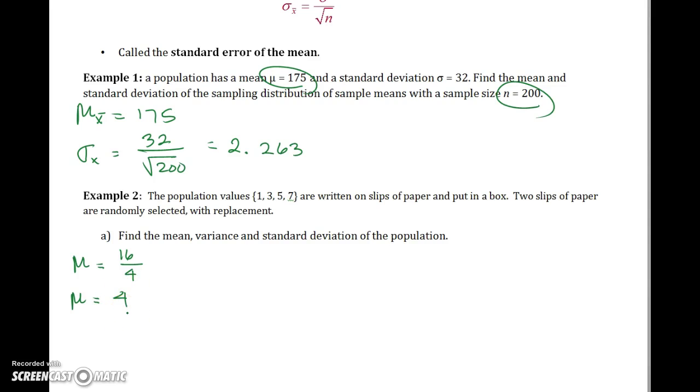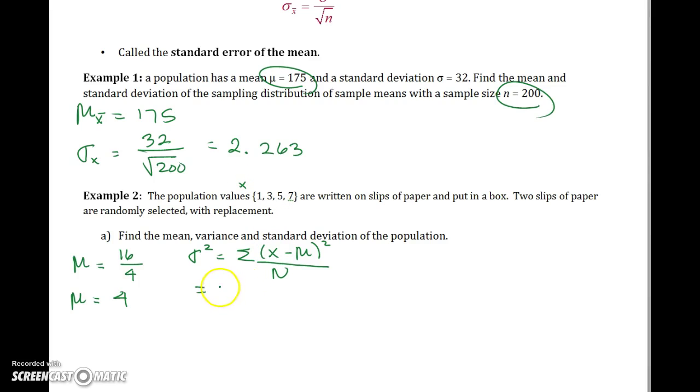Now they also asked me about the variance, and that's one that I don't think that we all remember. Variance is like the standard deviation, but it's that squared, and that's equal to the sum of x minus the mean squared over n. So what does that mean for us? Well, that means we're going to be adding, for the x values 1, 3, 5, 7.